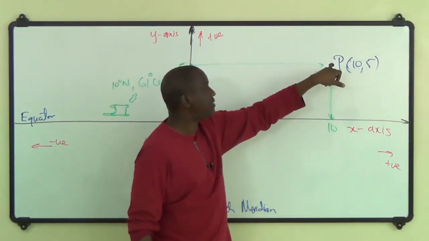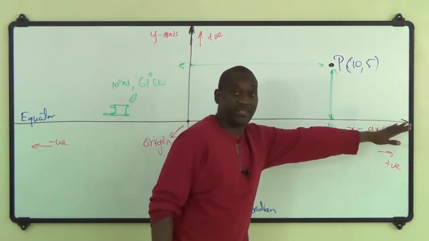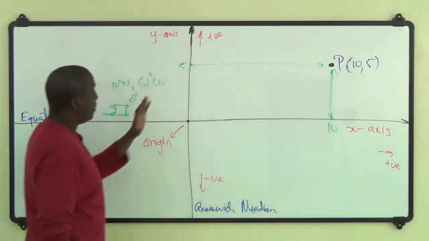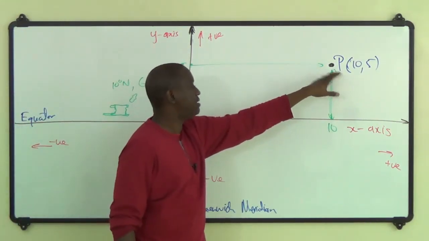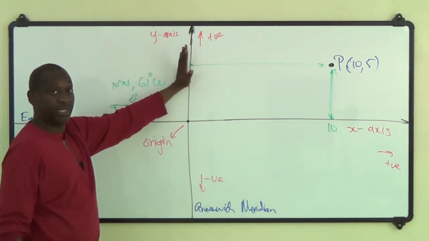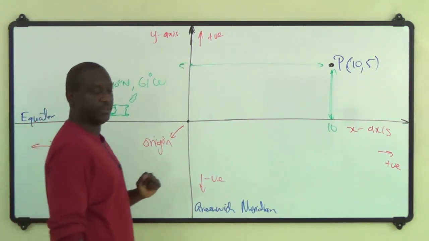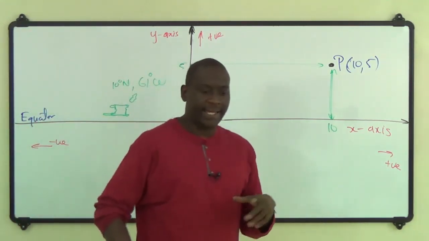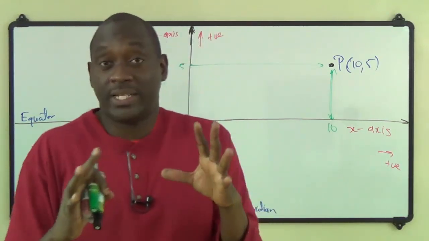So now we could describe this point, having introduced a coordinate system. We could describe this point with reference to the x-axis and the y-axis, and ultimately we would be doing so with reference to the origin. All right? And all of this is just to give an introduction to coordinate geometry.